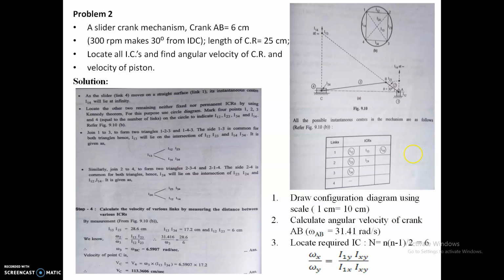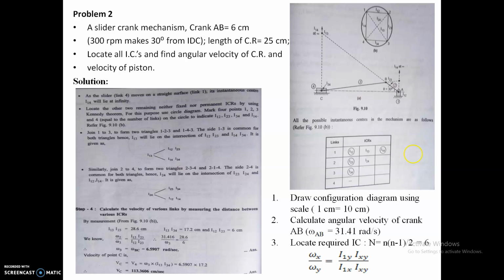Then I23. It is formed by the link 2 and 3. And then I34. It is again joined by the link 3 and 4. And IC of slider with respect to fixed link always lies at infinity. So I14 lies at infinity.